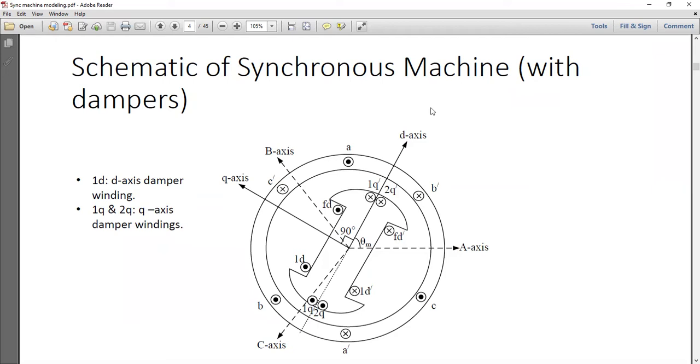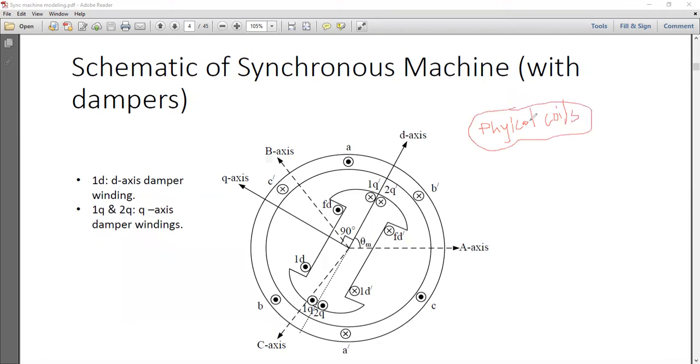So one of the ways is to treat all the coils to be physical coils. This is what I actually said in the last class. I only covered these things.